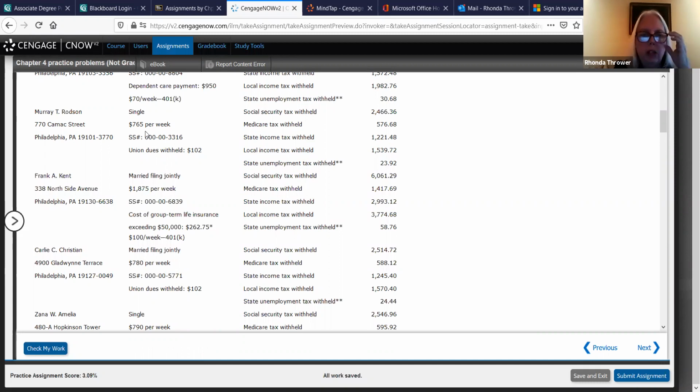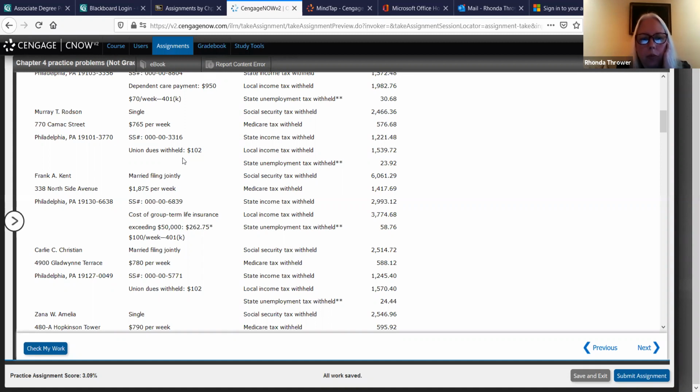These are his weekly dues. He didn't have any 401k plan adjustments, so all of this will be subject to the federal income tax. He did have some union dues withheld, and so I'll show you where we put the union dues withheld. I believe that's in that other category.